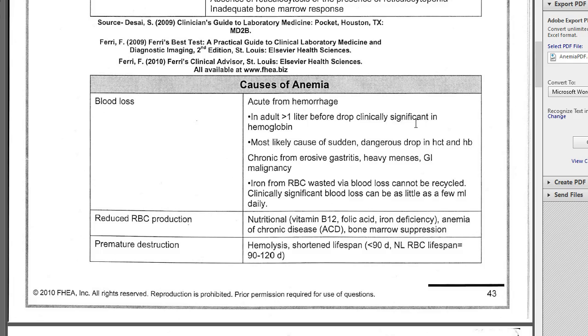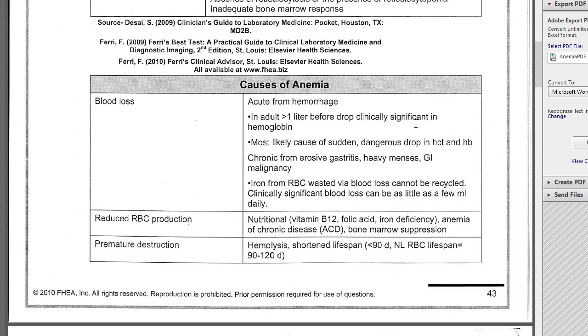Then we have premature destruction. So that's hemolysis. We've already covered that when we talked about LFTs. Talked about the role that the liver plays in hemolysis and the lifespan of the red blood cell. I've already talked about that, 90 to 120 days.